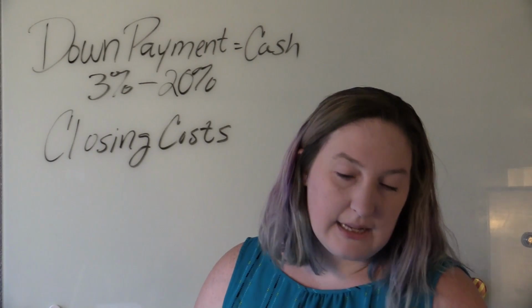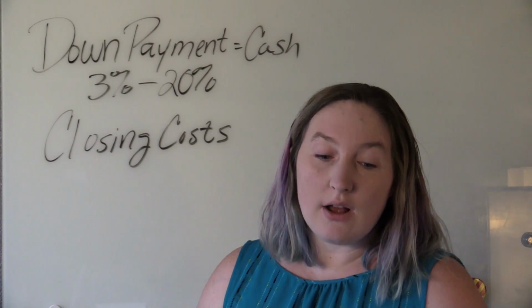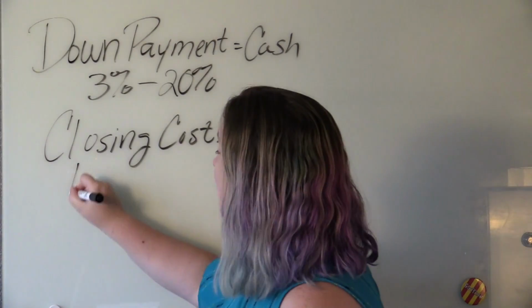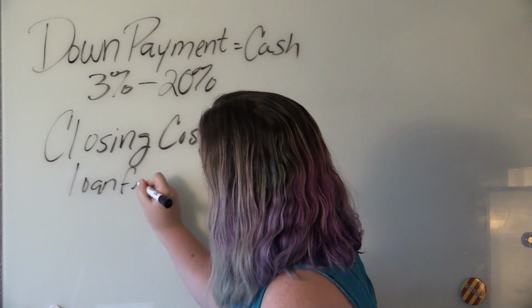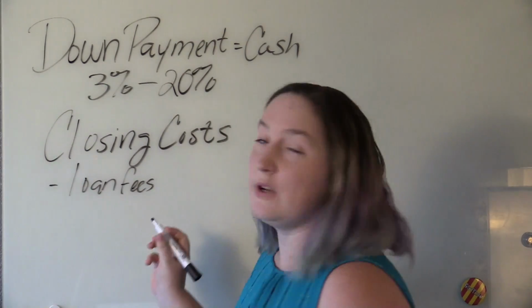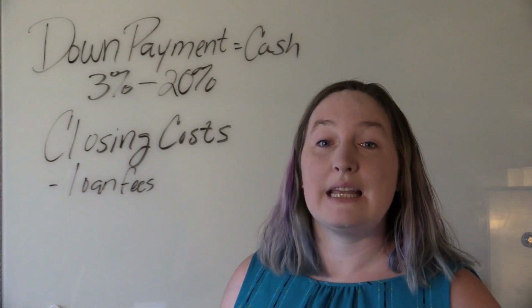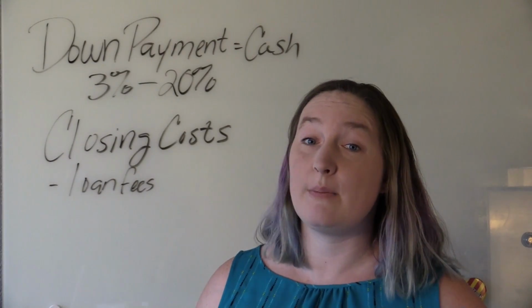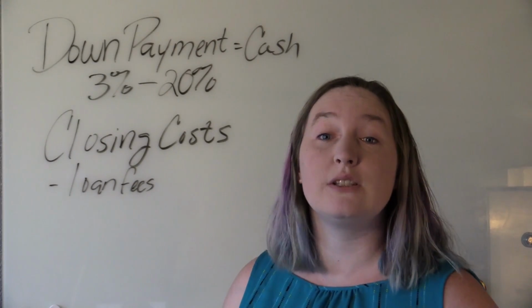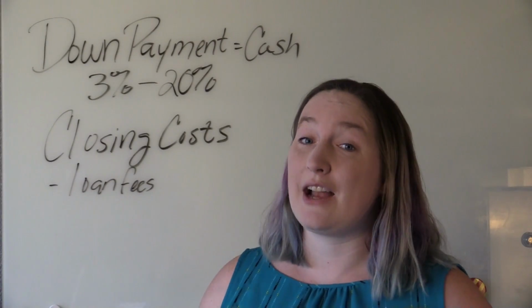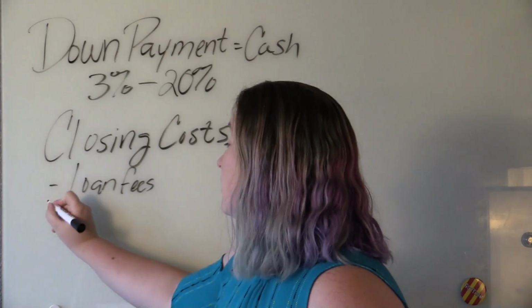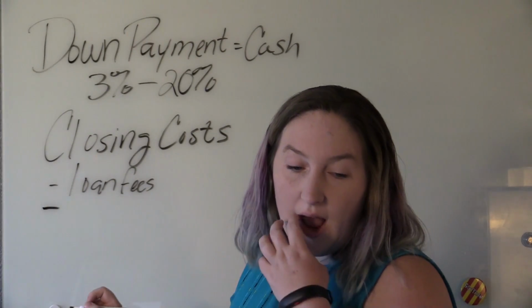So the main things that you're going to see when you see closing costs are loan fees, like origination or just other miscellaneous lender charges. This is why it's important to pay attention to the lender that you're using so that you're seeing what miscellaneous charges are actually adding to your bill. So it's good to always double check that.